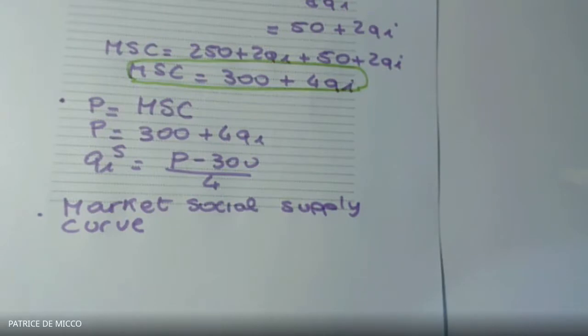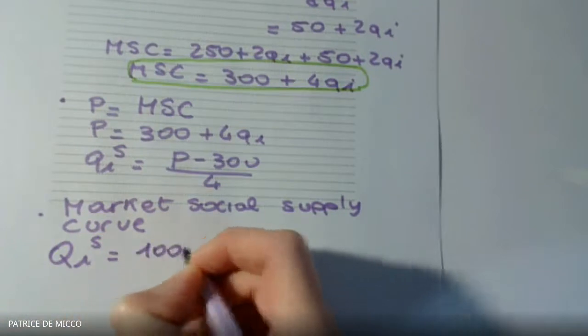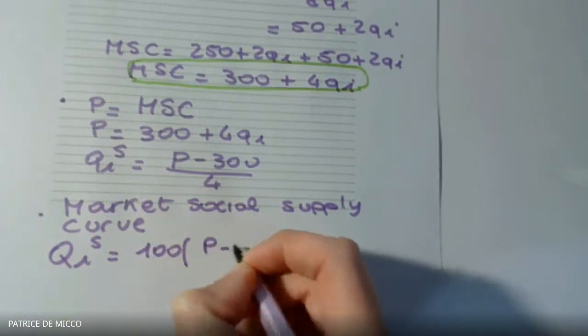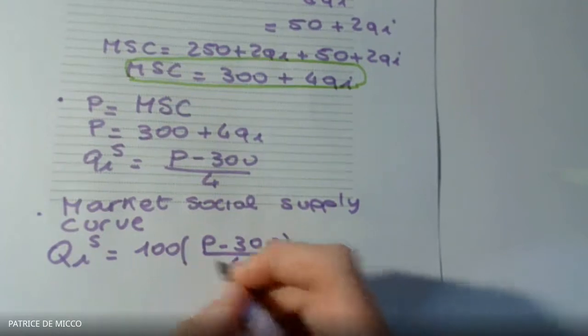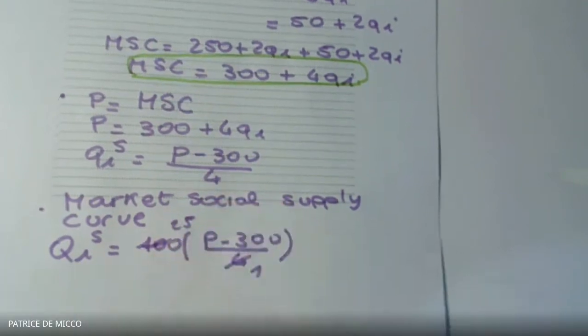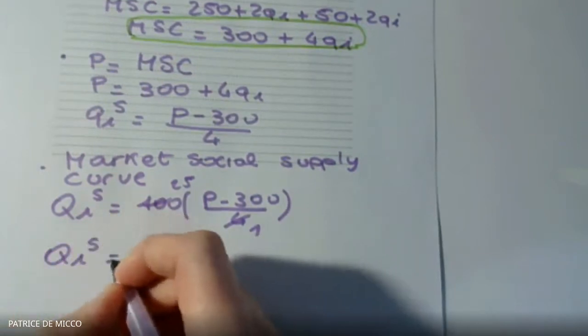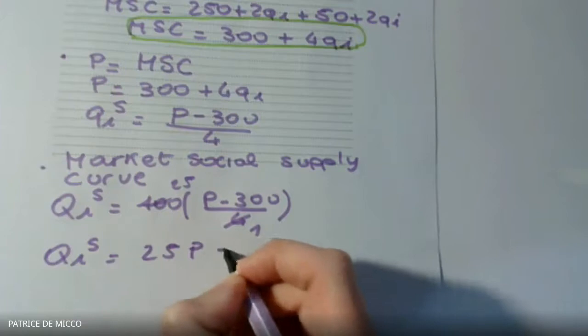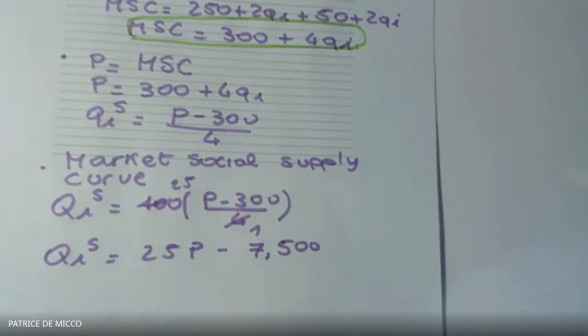And it is enough to multiply the individual one times 100, because we have symmetric firms. This is 1, this is 25, simplifying. And so we get QS equal to 25P minus 7,500. But we are not there yet.